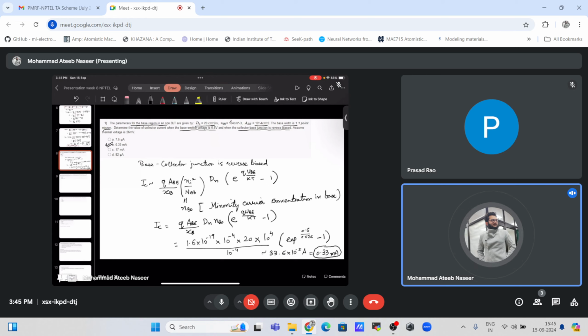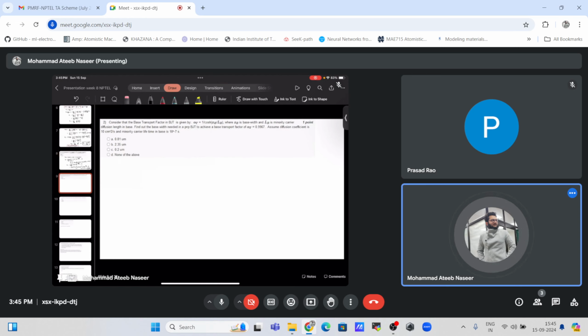Now moving to another problem, which says that we have to consider the base transport factor to be equal to alpha t, and alpha t is given by a function, 1 by cosh of xb by lb, where xb is the base width and lb is the minority carrier diffusion length.